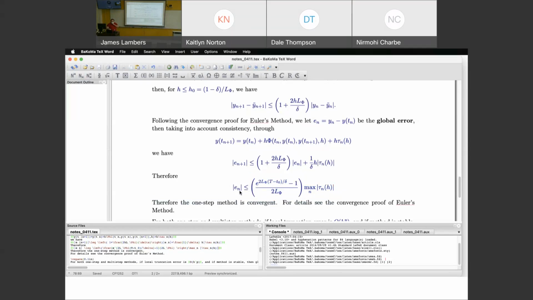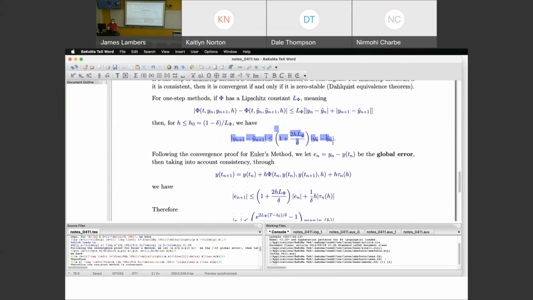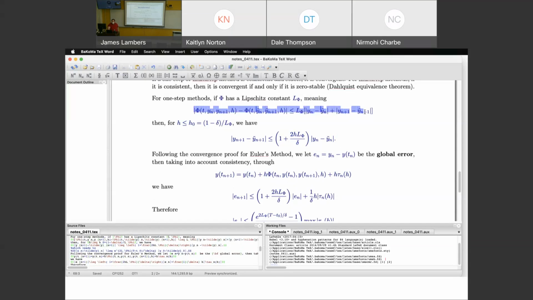So this is how. To establish that, I relied on consistency, and then stability of the one-step method is what gave me this in the first place, because I couldn't get this without knowing that phi satisfied this Lipschitz condition.